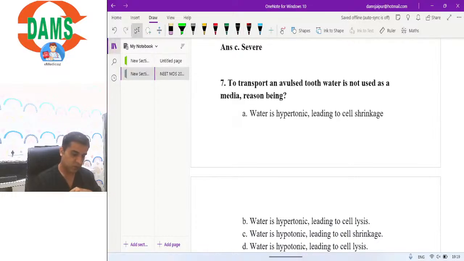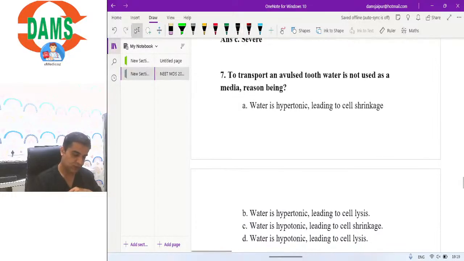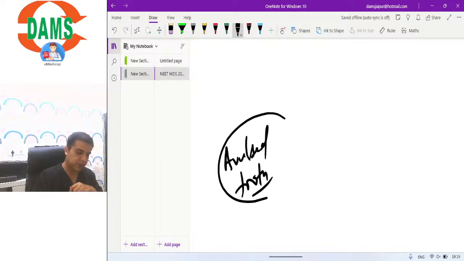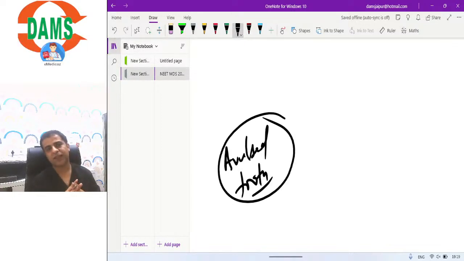To transport an avulsed tooth, water is not used. What is water? Look, the avulsed tooth. Okay, most of the questions are such that you can just see the question, think in your mind what the answer can be and just match it. You don't have to use the rule of exclusion also, right?